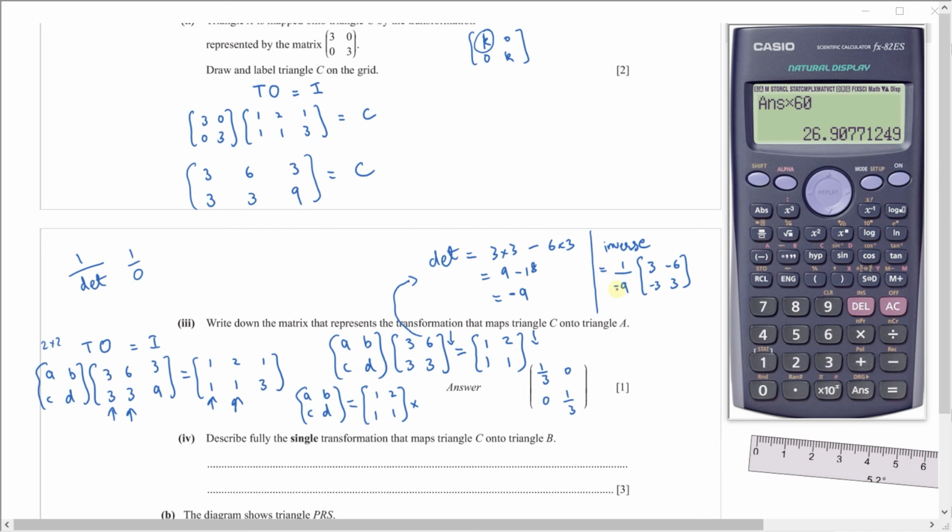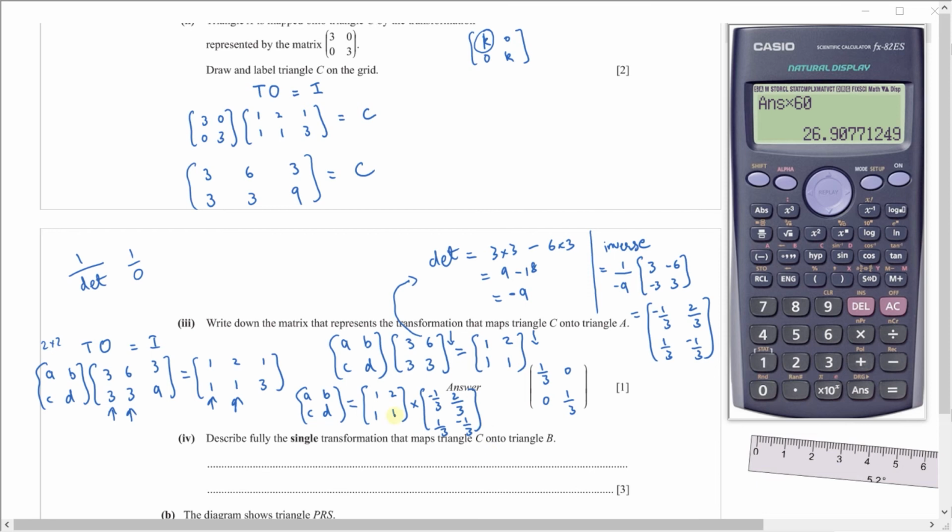So let me simplify this inverse. If I take this -9 inside, I get -1/3, since 3 by 9 is 1/3. I'll get plus 2 by 3 here. If I take this inside, I'll get plus 1 by 3 here and -1 by 3 here. So minus minus becomes positive here, and minus 3/9 is -1/3. So this is your inverse. Let me write this down here: -1 by 3, 2 by 3, 1 by 3, and -1 by 3.